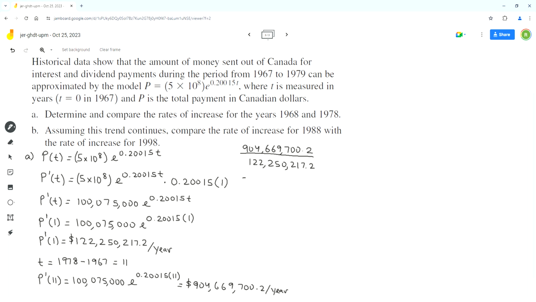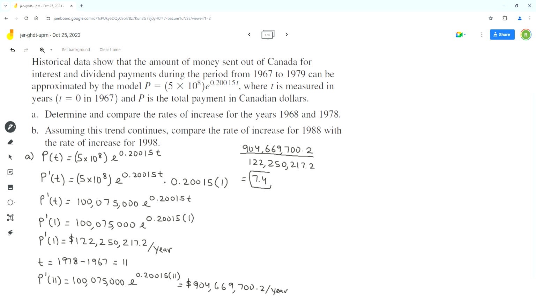Now we can do this division, and I got 7.4. So that means the rate of increase for 1978 is 7.4 times more than the rate of increase for 1968. So now we are done with part A.